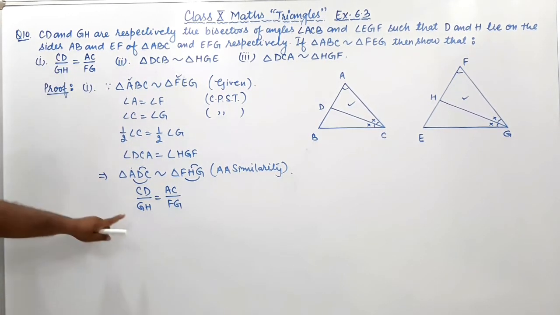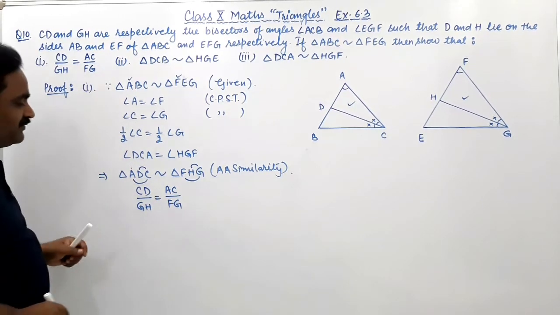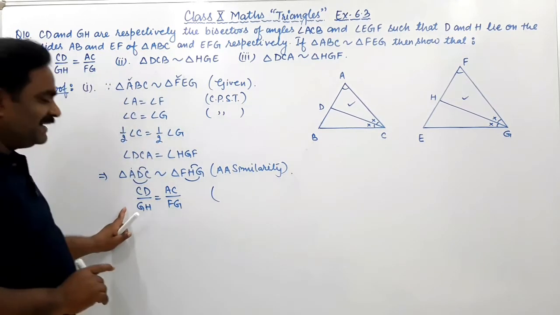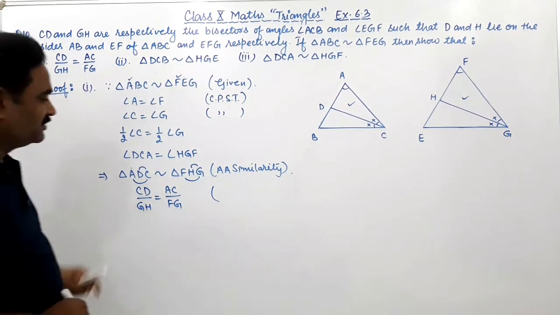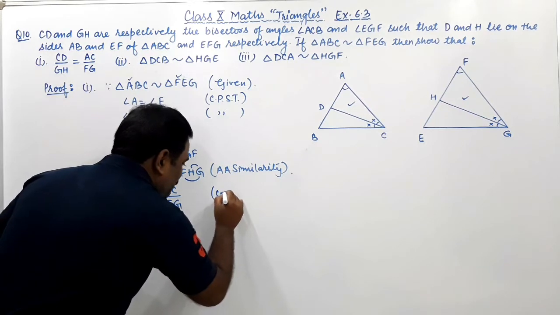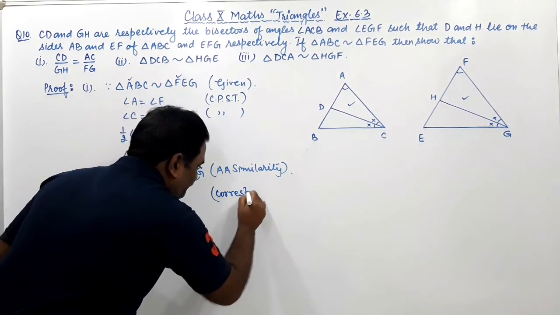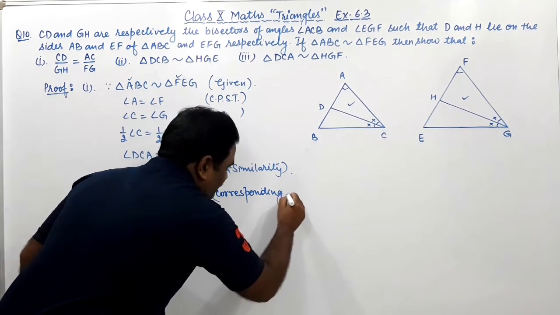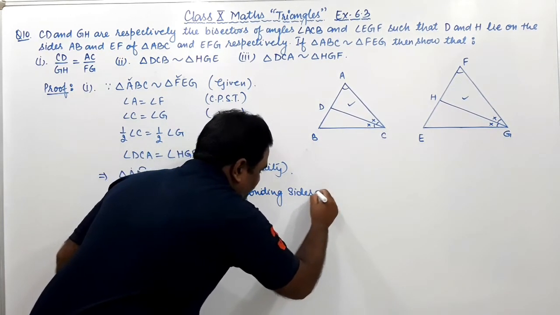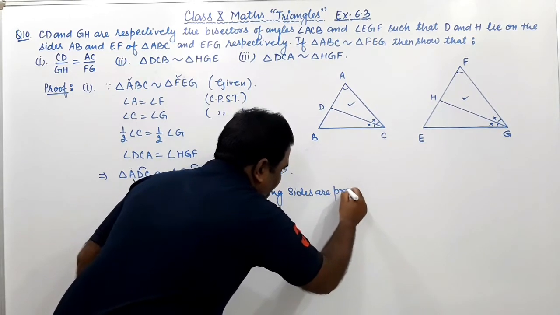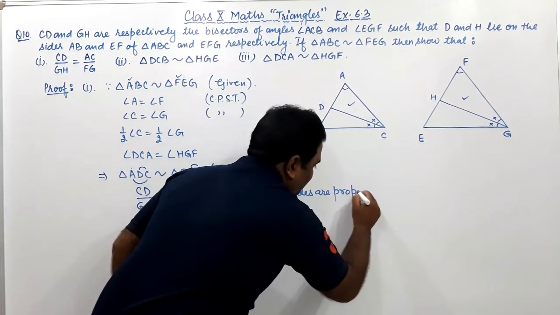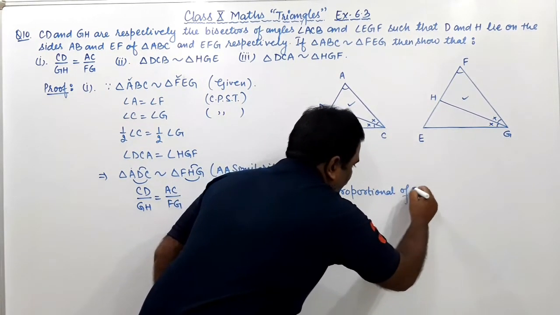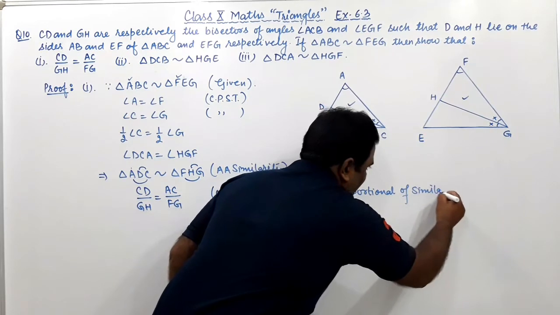CD upon GH is equal to AC upon FG. Reason: corresponding sides are proportional of two similar triangles. Proportional of similar triangles.